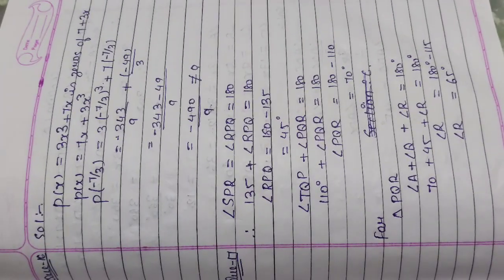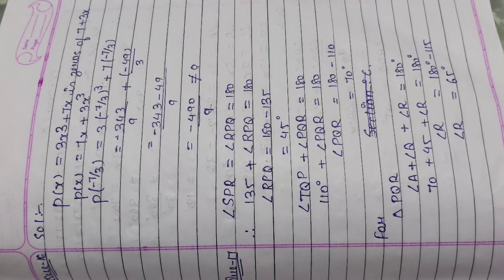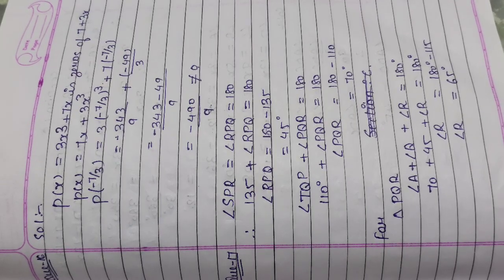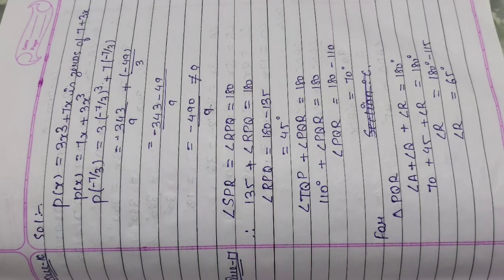This is question number 16. P of x is equal to 3x square plus 7x, and it is 0 at 7 plus 3x. So P of x is equal to 7x plus 3x cube. Now 7 plus 3x means we can see x is equal to minus 7 upon 3.